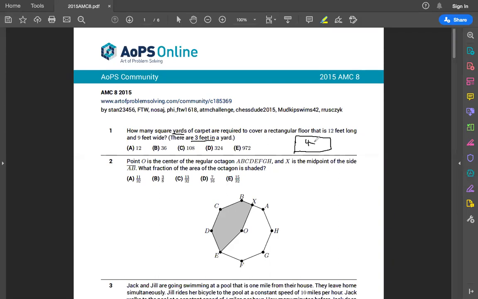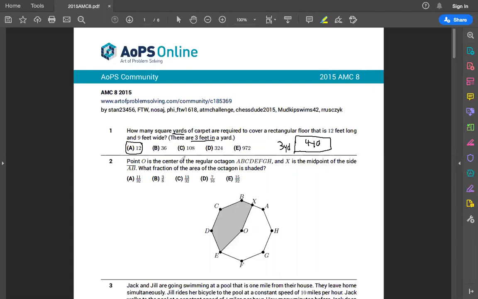The other dimension, 9 feet, is equivalent to 3 yards. To find the area of the carpet, we do 3 yards times 4 yards, and that's 12 square yards. So our answer is 12.